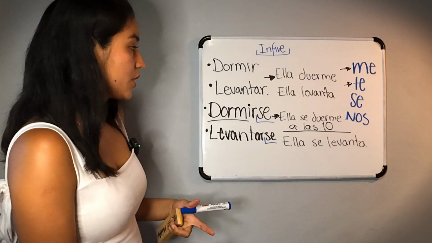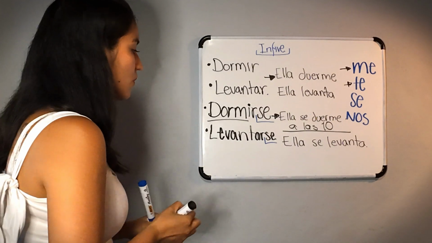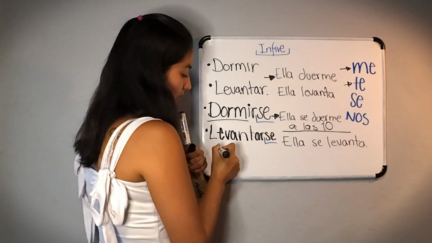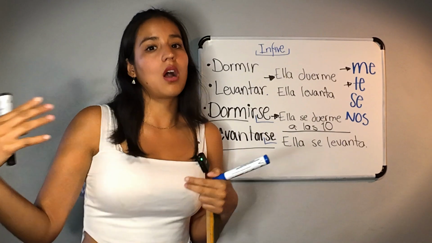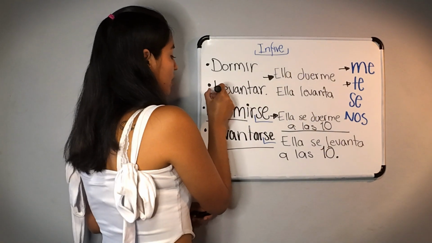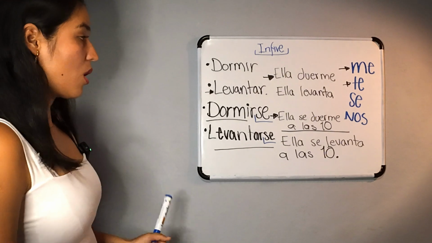So the question is, are there other verbs that change a lot? Yes. Levantarse means to wake up, okay? The reflexive form. So ella se levanta means she wakes up. And what's the difference with the non-reflexive way?